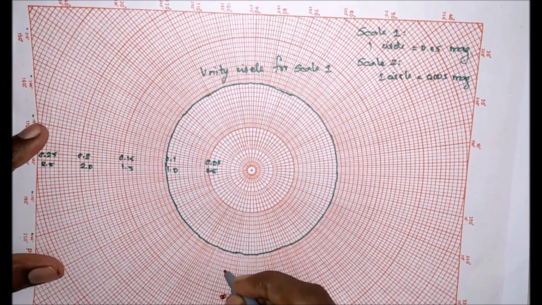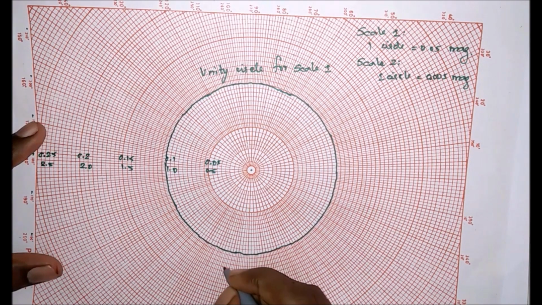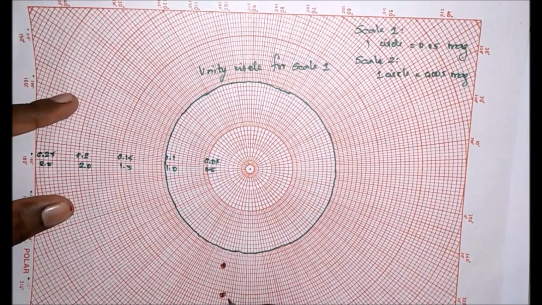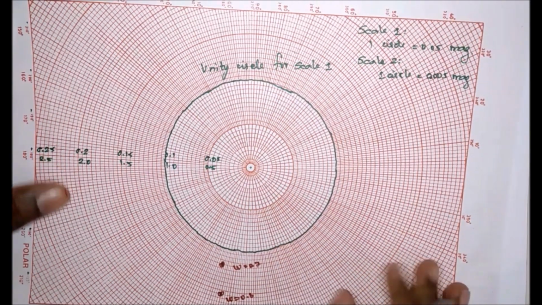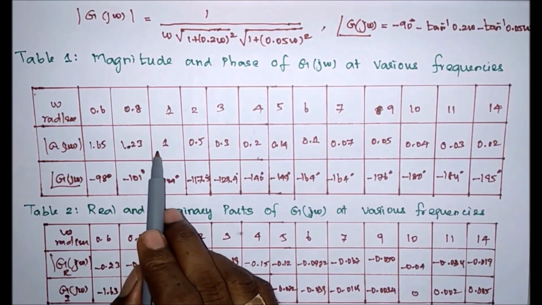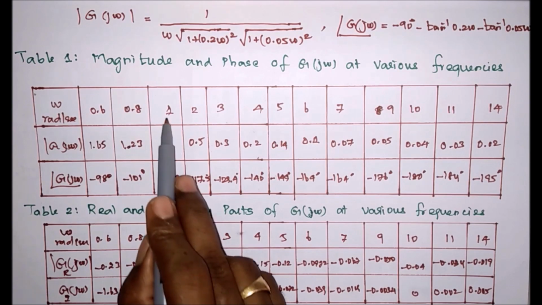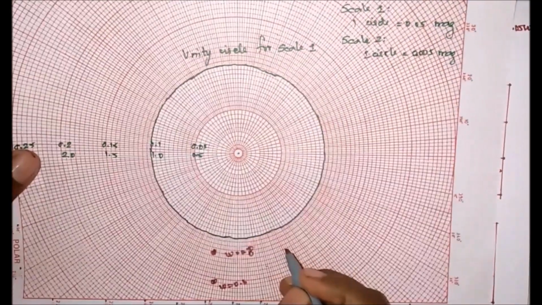In between, 1.2 will be here, so this is 1.2. So for 101, this is 1.23. Second point, this is when omega equal to 0.6. This is when omega equal to 0.7. Similarly, next omega equal to 0.8. This is for omega equal to 0.8.